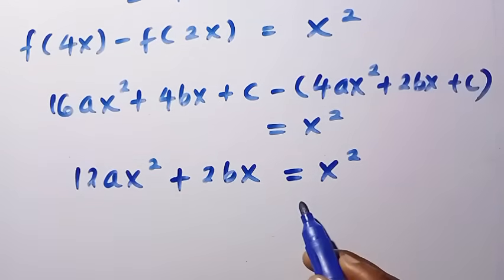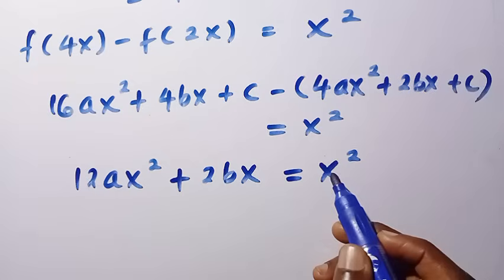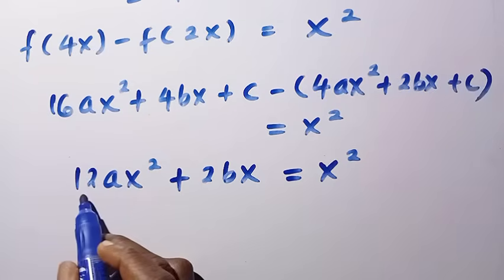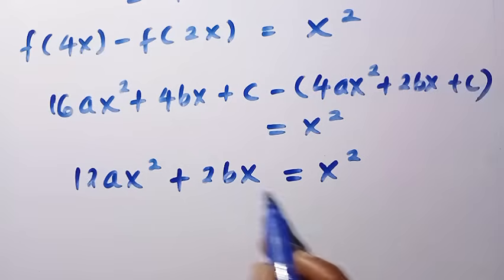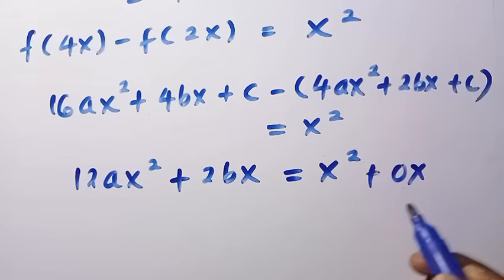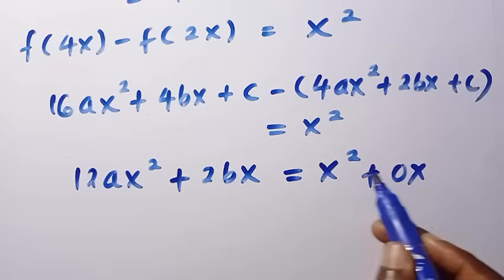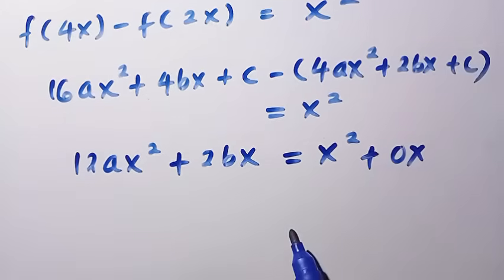Then we have to do the comparisons. Here we have x squared, and this is also x squared. By comparing, we look at what is equal here. This is just like when we have 0x, so 0 multiplied by x is 0. It means that when we combine this, the coefficient must equal 0.